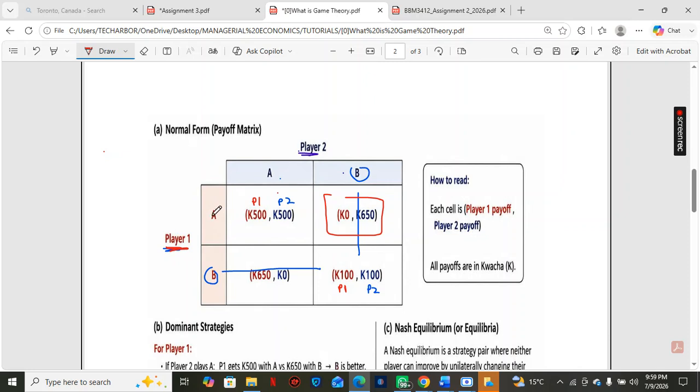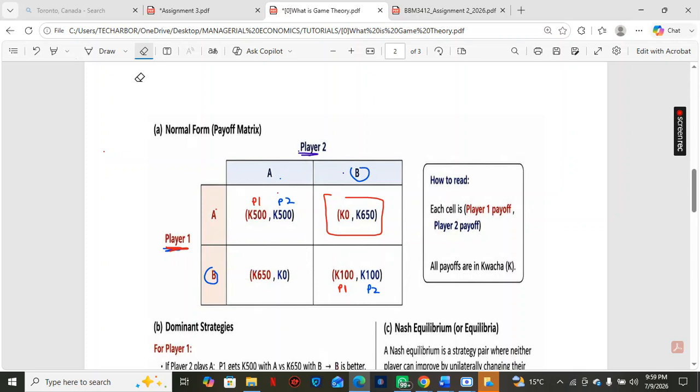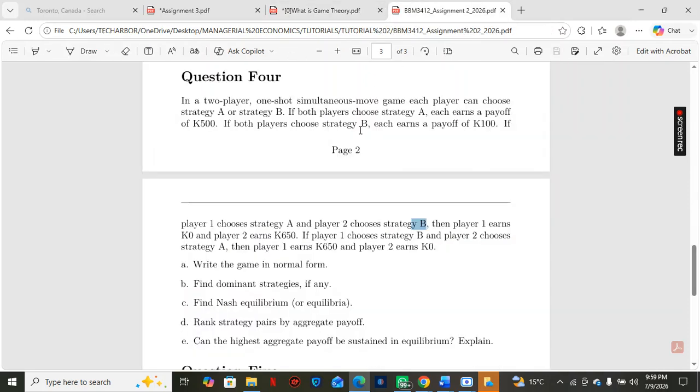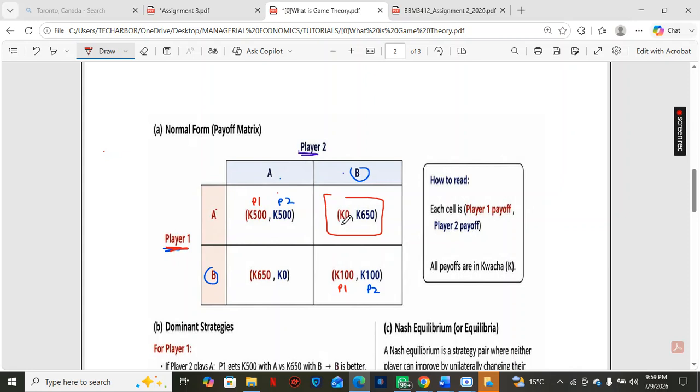Player 1 has chosen A, player 2 has chosen B, so we're in this box here. Then the payoff will be player 1 earns 0 kwacha and player 2 earns 650 kwacha.